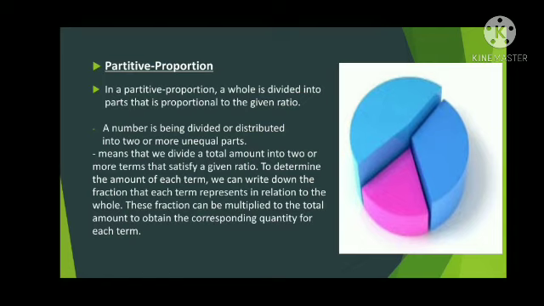To determine the amount of each term, we can write down the fraction that each term represents in relation to the whole. This fraction can be multiplied to the total amount to obtain the corresponding quantity for each term. So as a whole, we divide a whole into 2 or more unequal parts. Partitive proportion is sometimes called proportion by parts.